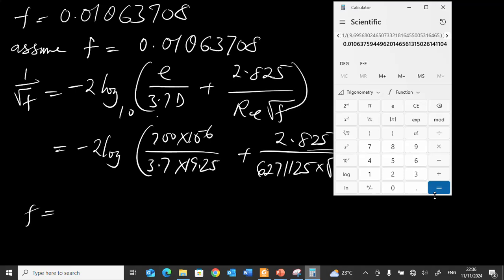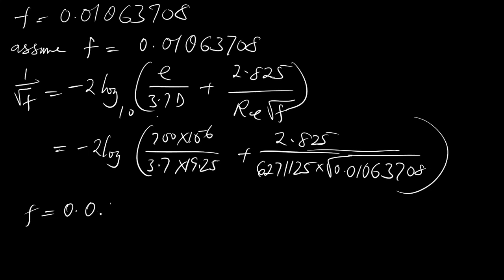So we now take the inverse of this and square it. We now have 0.01063759. Now, if you look at these values critically, from here to here is almost the same.